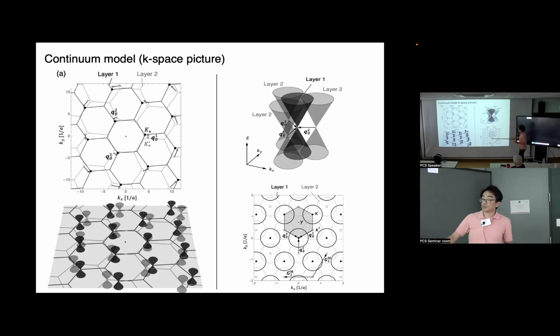This is the same picture: the black Dirac cone is coupled to three layer two Dirac cones this way, with this distance, this distance, and that distance. Again, the gray one is coupled with three negative shifts.